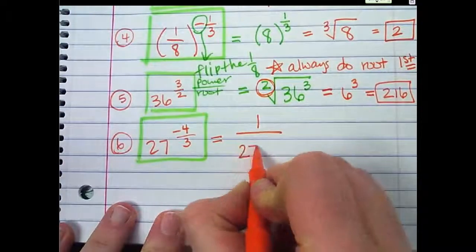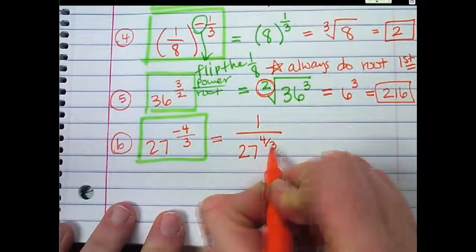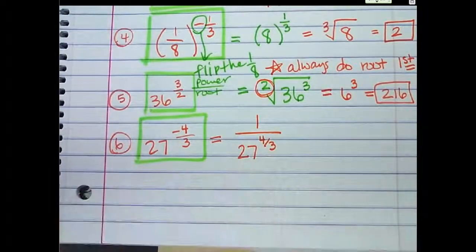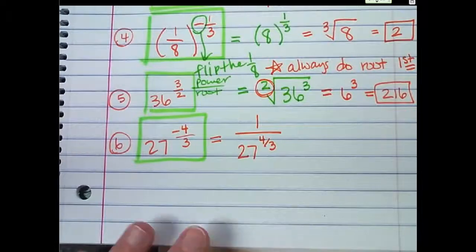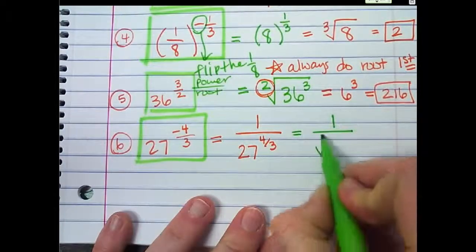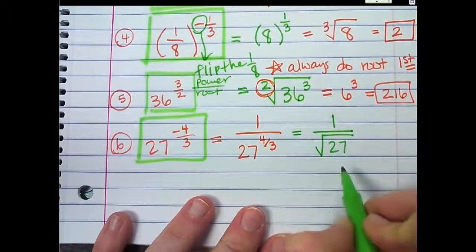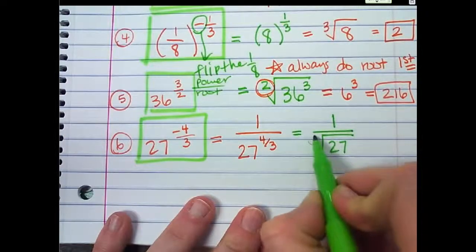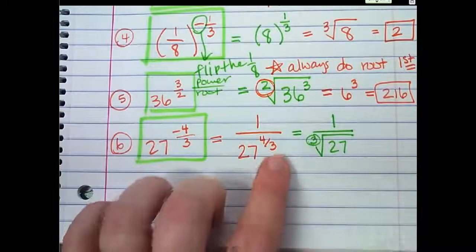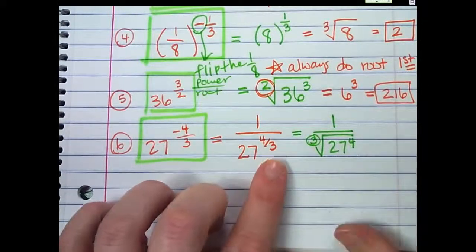So 1 over 27 to the 4/3. So now my exponent is positive. I'm going to rewrite this. So inside the root I have 27. What's my number right here? 3 or 4? 3, right, at the bottom, and then I put 4 on the inside.